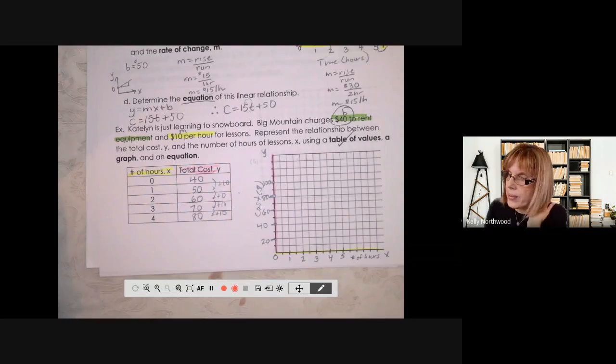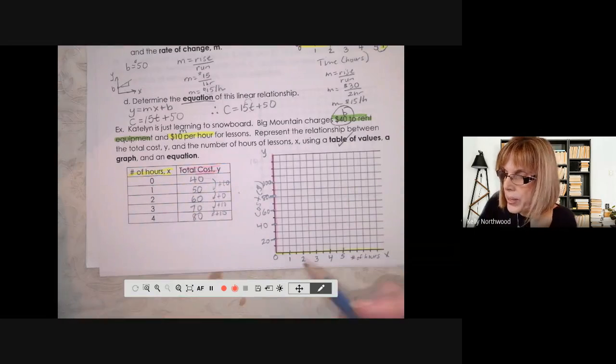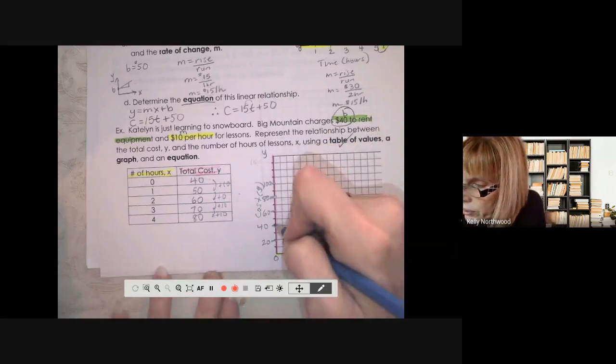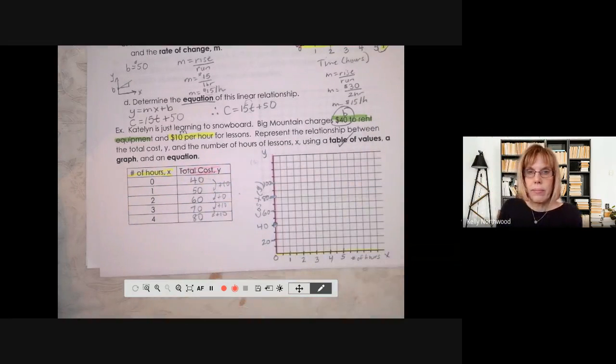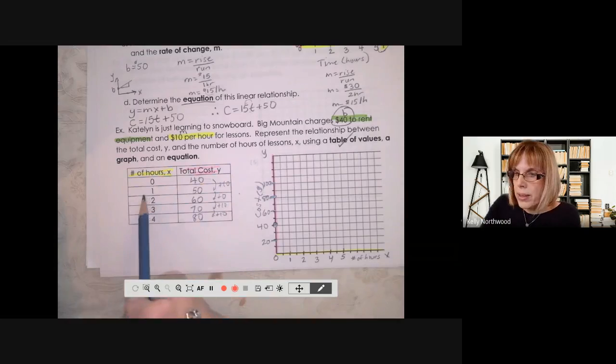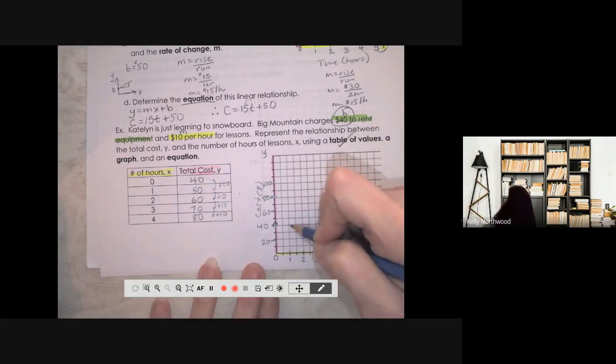Plot my points. So the first row in the table represents 0 horizontally and 40 vertically. So there's my first point. The second row in my table represents 1 and 50.